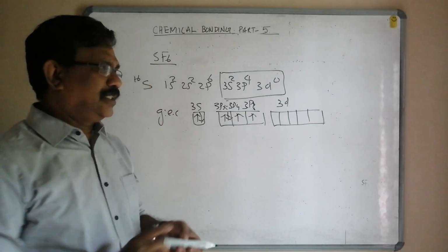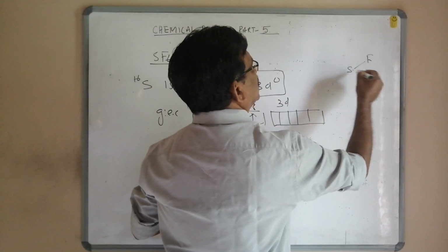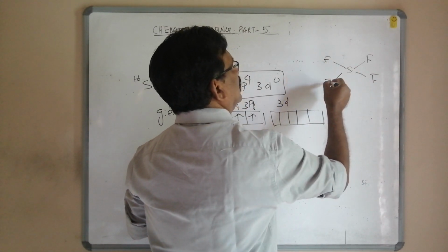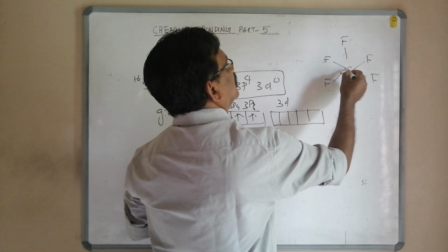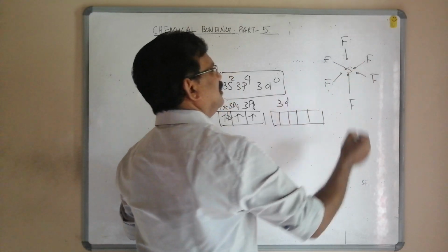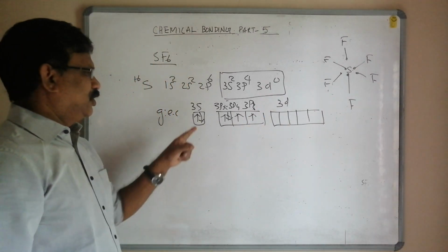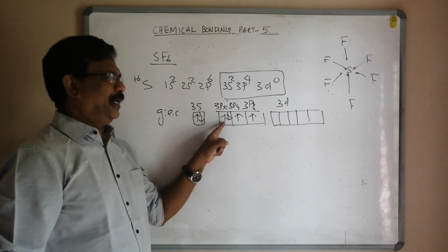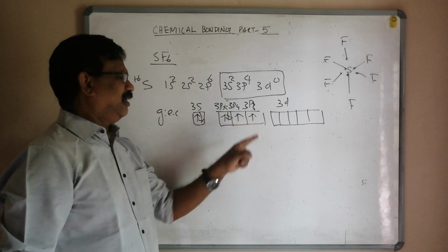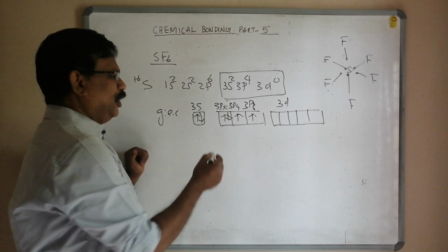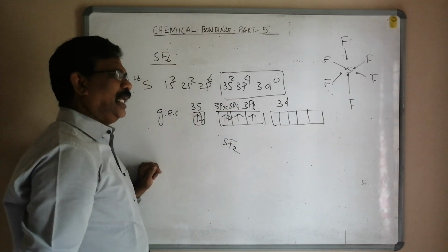6 fluorine atoms around sulfur, so we need 6 free electrons in the valence shell. In the ground state, sulfur can produce SF2, not SF6, with only 2 half-filled orbitals.